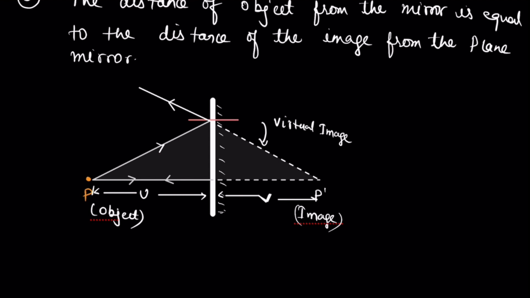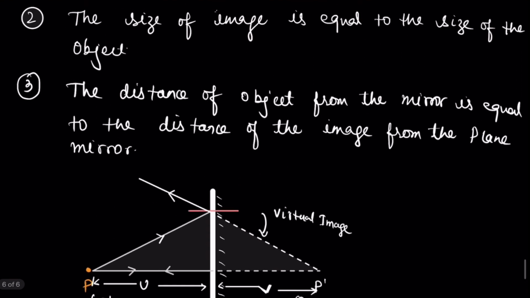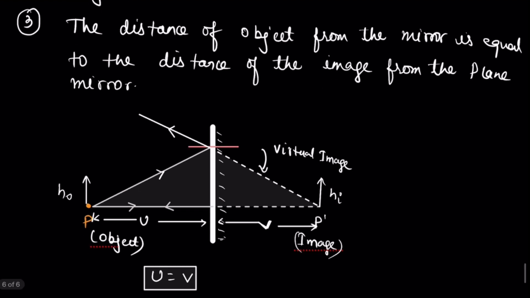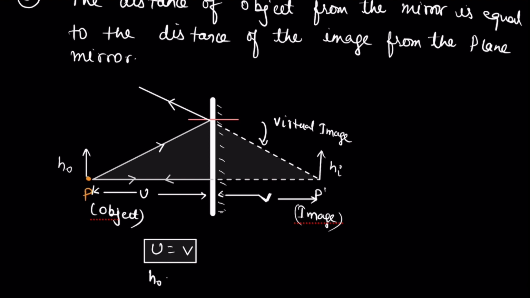So this u and v are both equal in distance, meaning u is equal to v. This is the meaning of the third statement. And the second statement means if you remove this point charge to an object like this, the image will come here. So height of object will be equal to height of image, meaning its size will not change. That's the second characteristic.